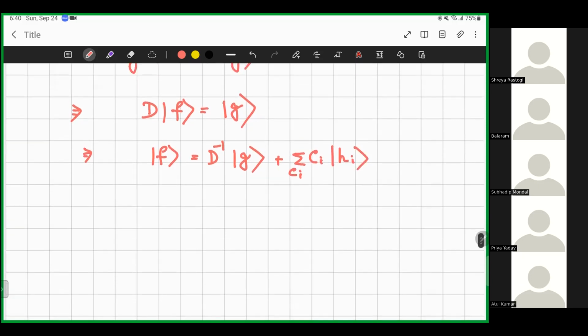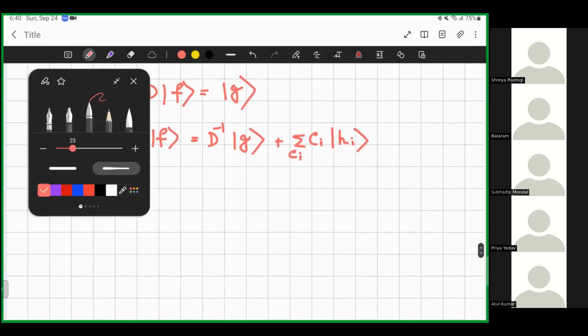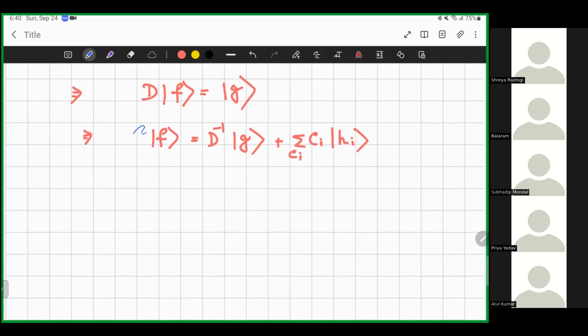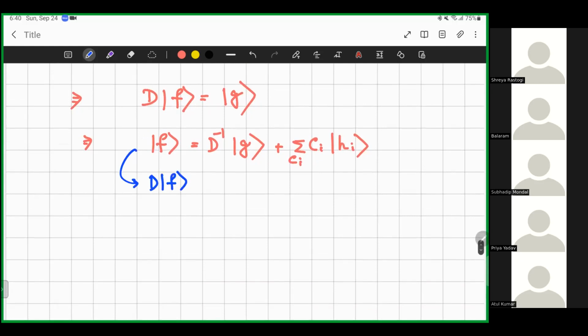This is a general form, because let's say if we apply the D operator on both sides, then we obtain D inverse D, which is essentially the identity, which leads to |g>, and here D|h_i>.